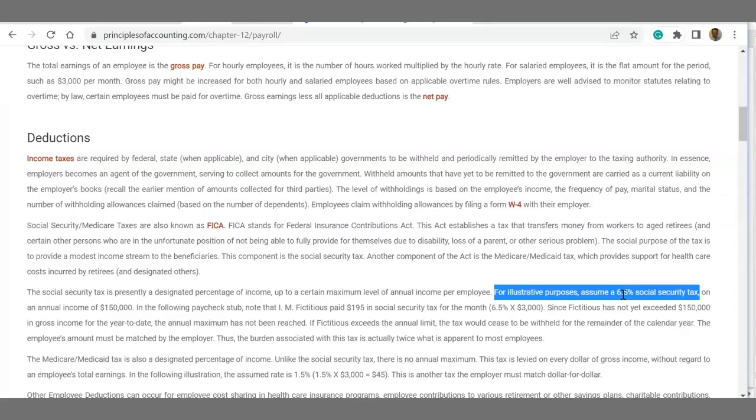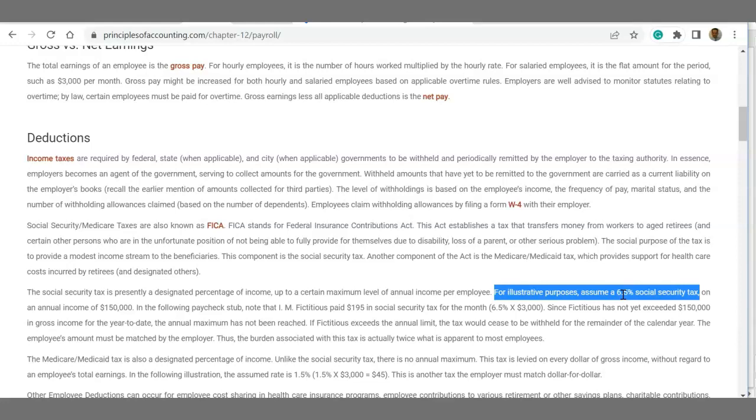So an independent contractor will pay the complete 12.4% for Social Security. But if you are an employee, then half of it will be paid by the employee, which is 6.2%. The other 6.2% will be paid by the employer. So far, so good.